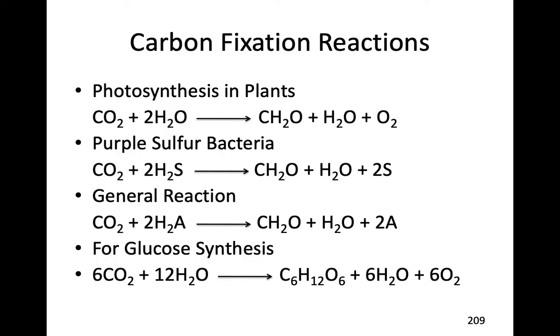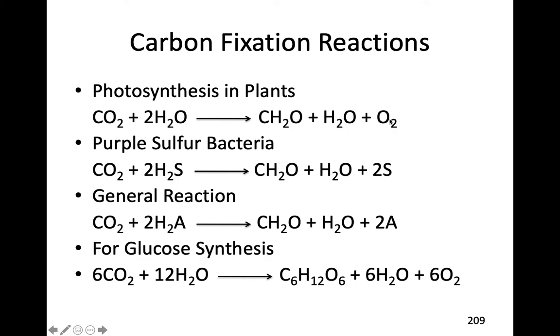So what do we mean by carbon fixation, and how does this tell us where the oxygen comes from? In photosynthesis, one molecule of carbon dioxide and water will be used in the presence of light energy to produce a molecule of carbohydrate and release a molecule of oxygen.